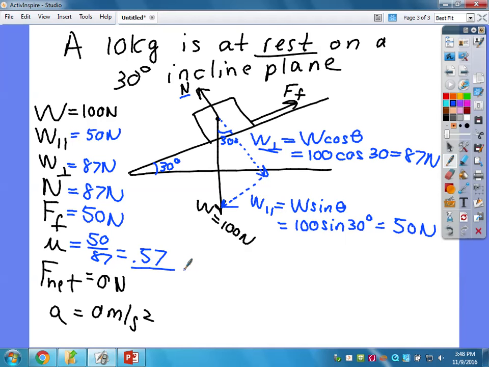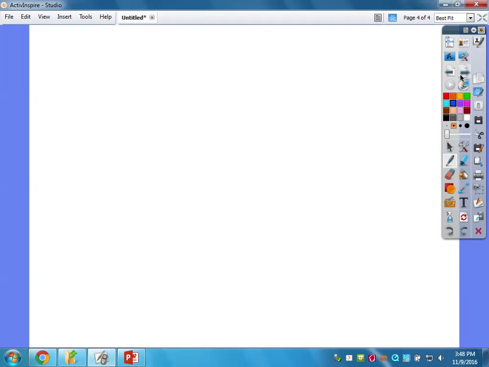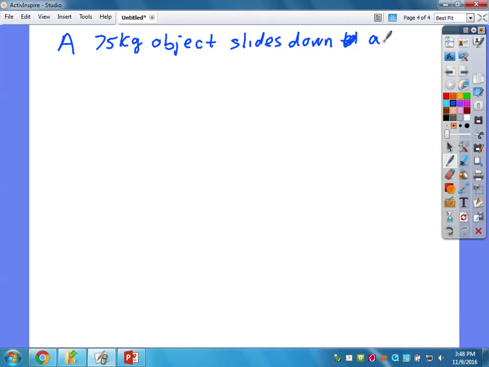Let's go ahead and go through one more, see if I can come up with a decent problem. Let's say you have a 75 kilogram object that slides down a 40-degree inclined plane.